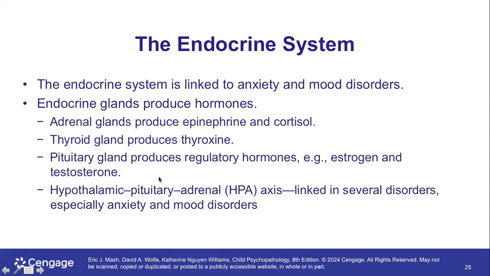Now, I also want to talk a little bit about the endocrine system. The endocrine system is responsible for hormone regulation, so it's linked to things like anxiety and mood disorders.